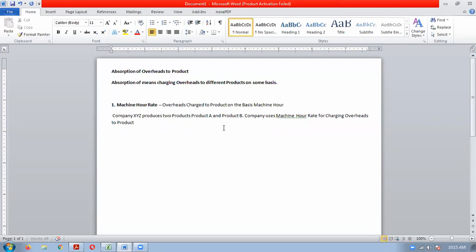Let us understand. So total overheads incurred by the company is rupees 5 lakhs.